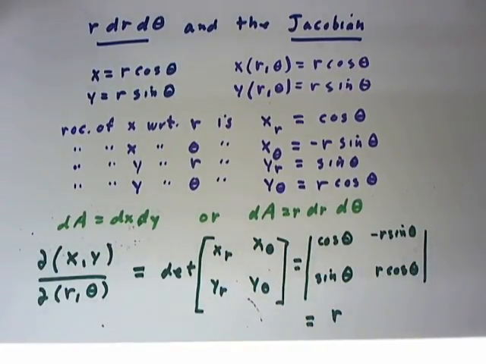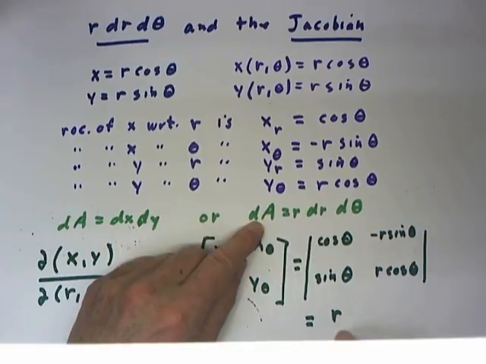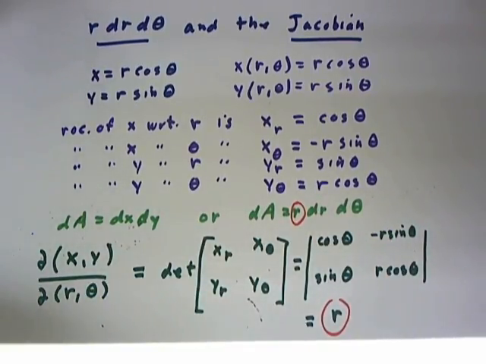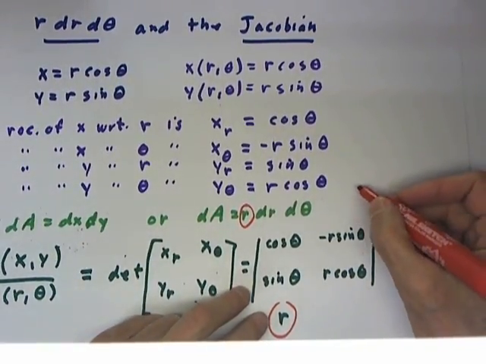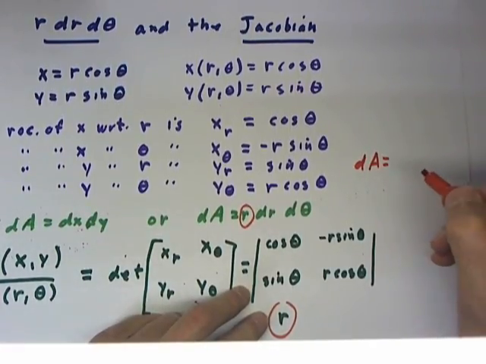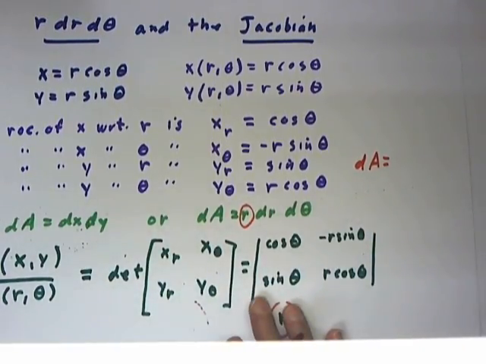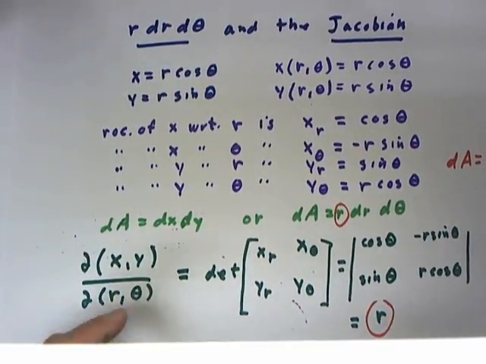The result is that in terms of dr and d theta, our area increment has to equal the Jacobian multiplied by dr d theta, so that our r goes here, and we can write dA equals the Jacobian. And let me introduce just a little extra notation here. I think at least one of your textbooks uses this notation.